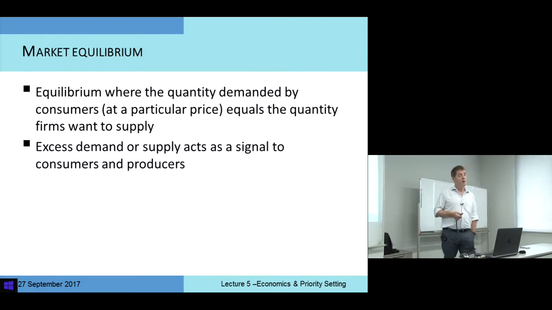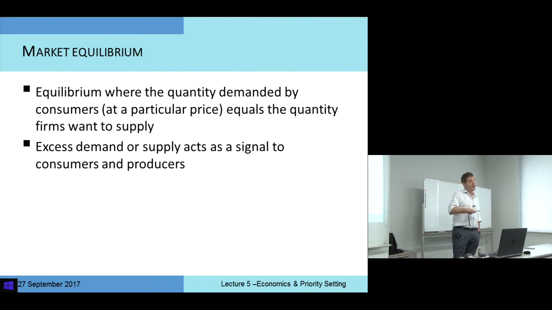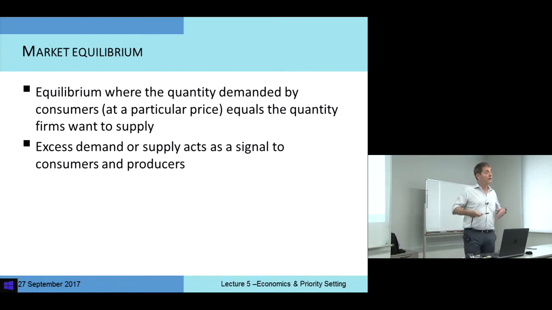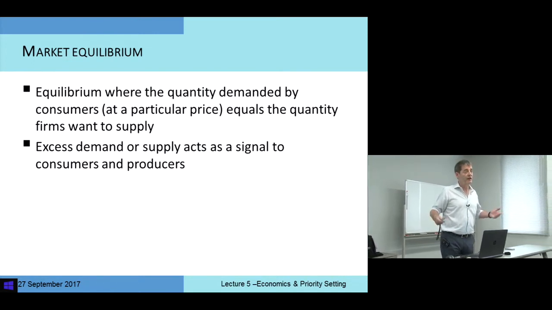If there's an excess demand, if at that price the total demand is greater than the supply, that would act as a signal to producers that there's an opportunity to make money by selling some more, in particular by raising price as well. And if there's an excess supply, if producers find they can't sell all their goods, it acts as a signal to lower the price.